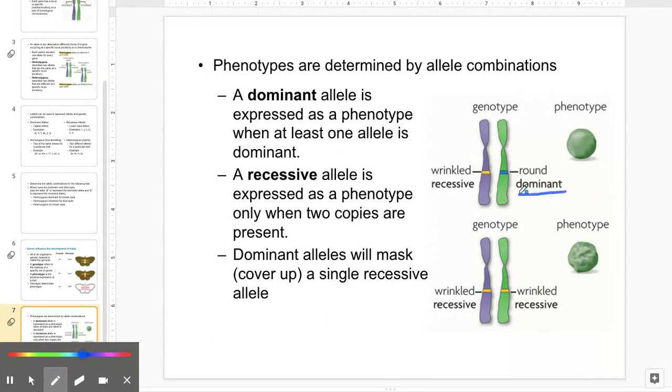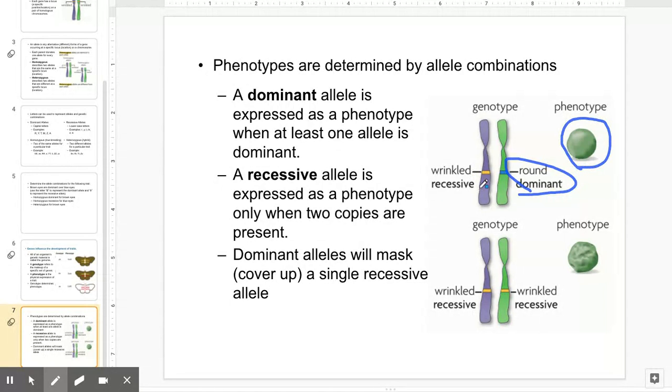So we can see here, round is dominant. It will show this pea is round. The only way to get a wrinkled pea is to have two copies of that recessive trait. And look, now we've got a wrinkled pea. This idea is summarized in that dominant alleles will mask or cover up a recessive allele.